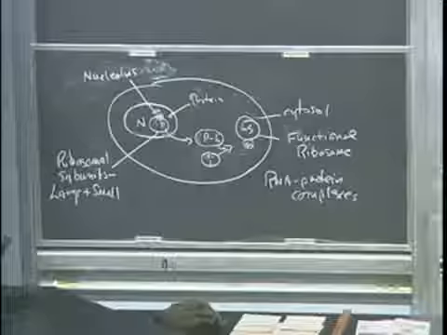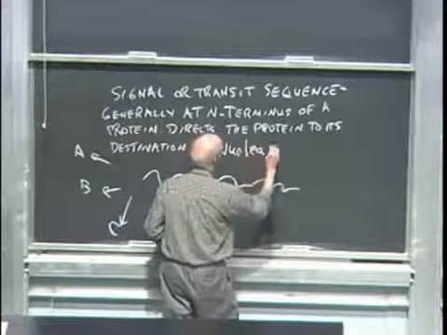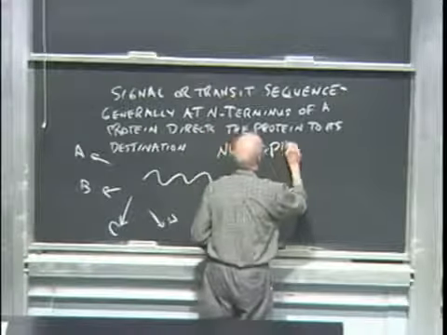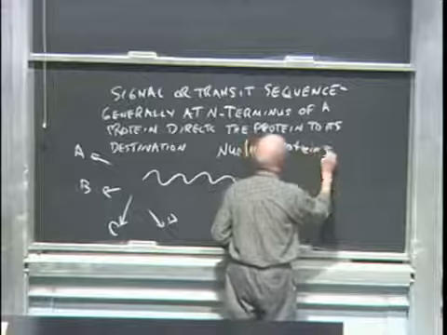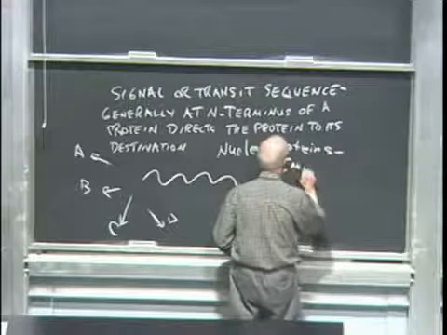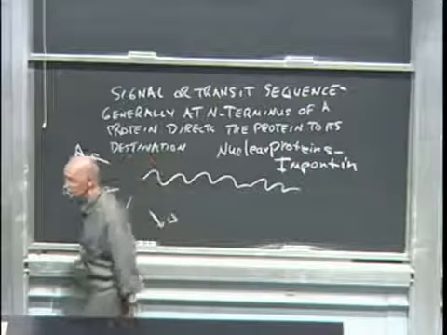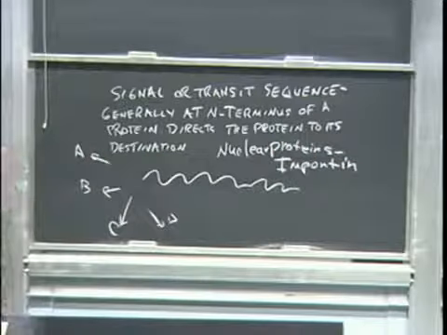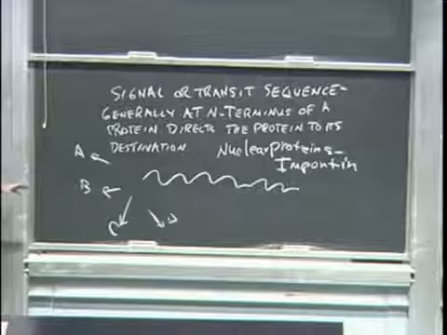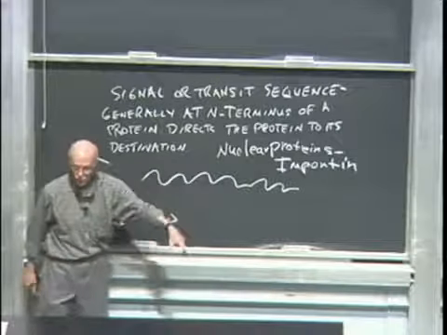So the nuclear proteins will interact with a protein known as importin. That doesn't mean it's imported, and it doesn't mean it's important. It means it's a protein that allows this synthesized protein to be imported into the nucleus.